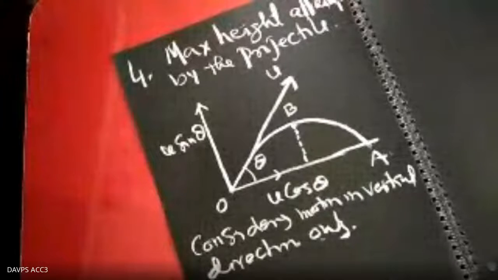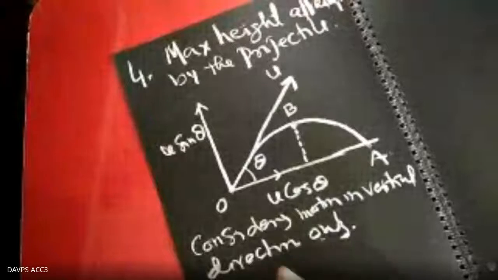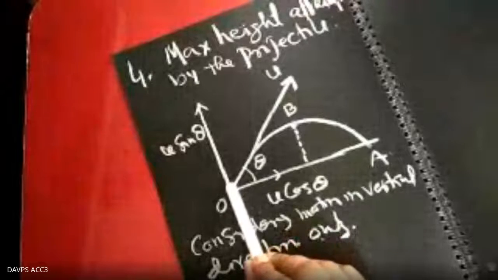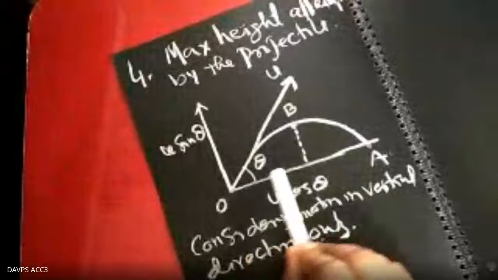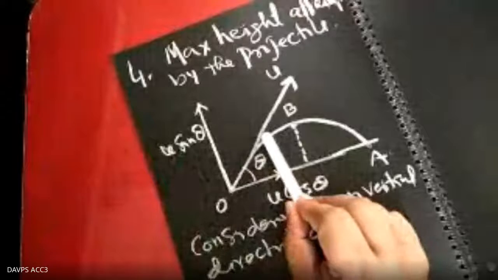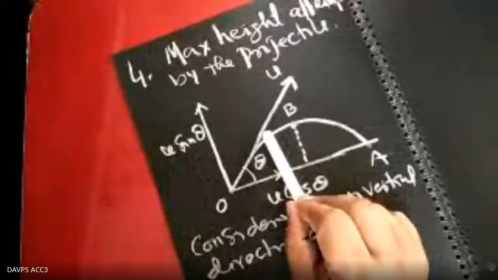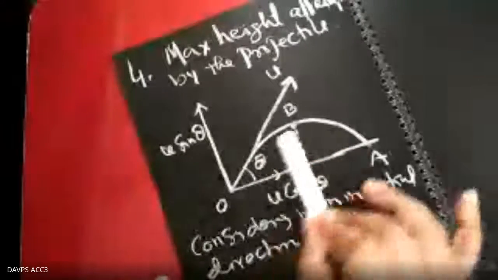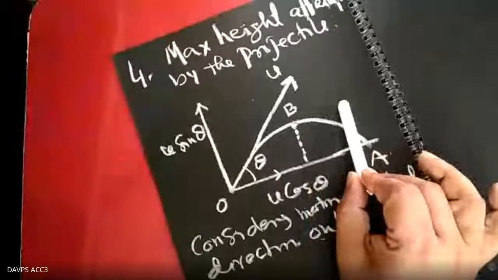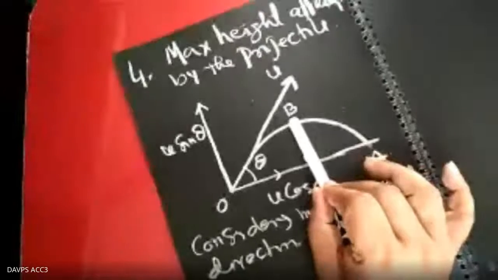I told you that at every point the u cos theta will be the same. Wherever I touch the pencil or chalk, u cos theta is the horizontal velocity and u sin theta is the vertical velocity. At this point, you get horizontal velocity u cos theta and a different vertical velocity. At B, the top point, the horizontal velocity will be u cos theta, but the vertical velocity will be 0.